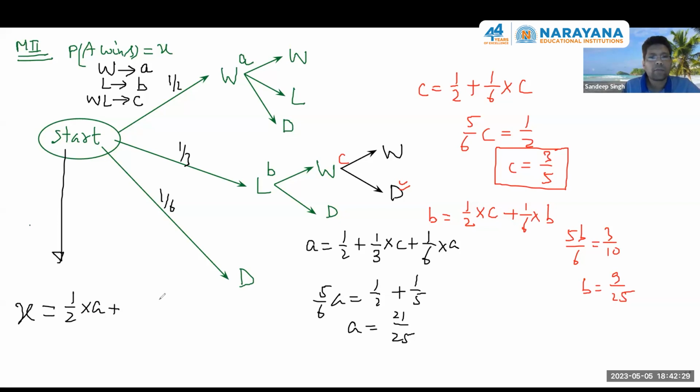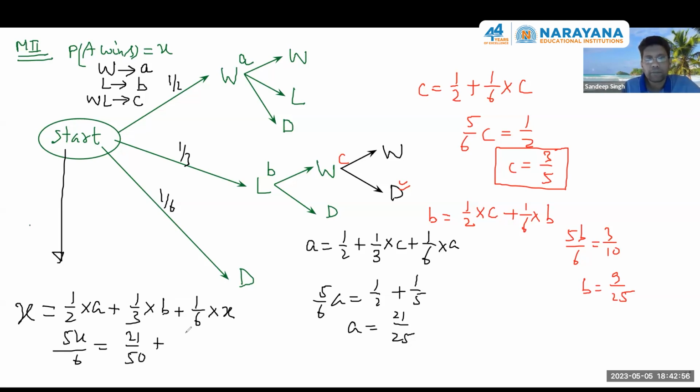This is known as recursive. Plus, tell me, 1/3 times B plus 1/6 times x. x, because the same scenario will come. If my first draw happens, that is as good as the match has not started at all, right? So 5x/6 equals A/2. A/2 is how much? 21/50.